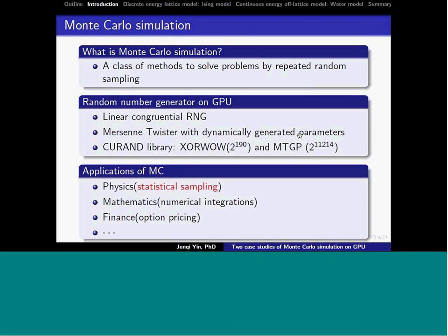I think two generators are currently in the library. For small simulation, you may want to try this one as it is faster, and for larger ones you may want to try Mersenne.